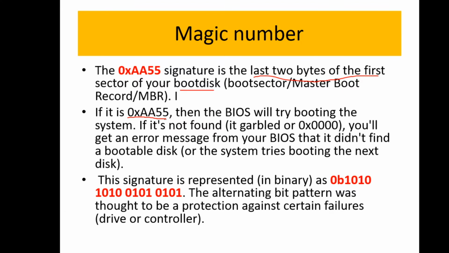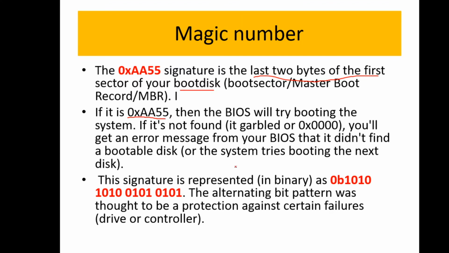If this particular magic number 0xAA55 is not found, then it will send an error message from your BIOS saying that it is unable to identify the bootable disk. So it is essential that we keep this magic number in the last 2 bytes, which has been designed for this bootloader MBR.